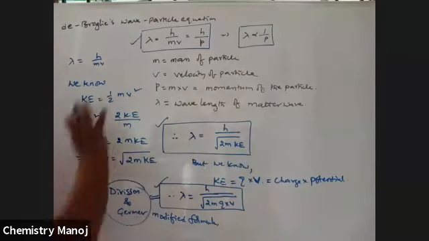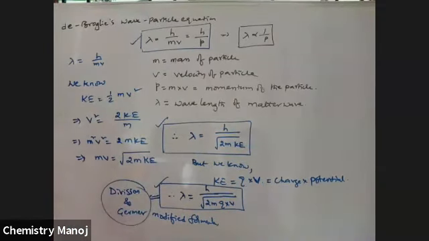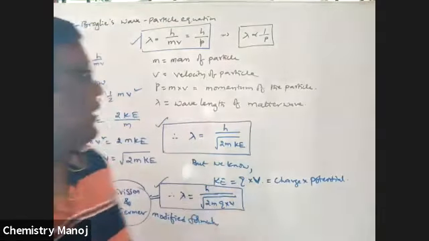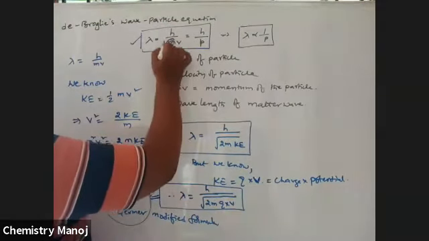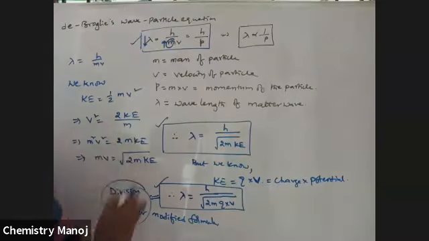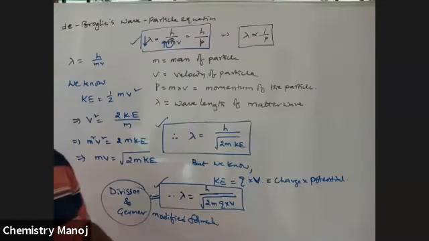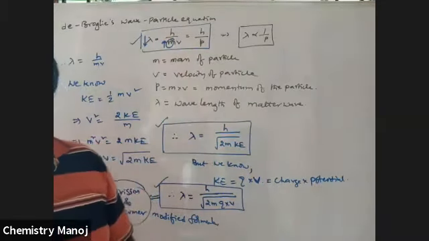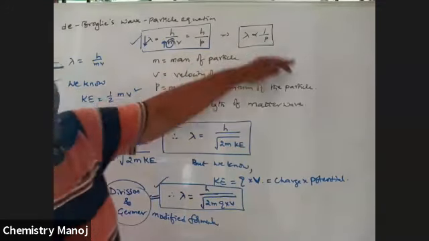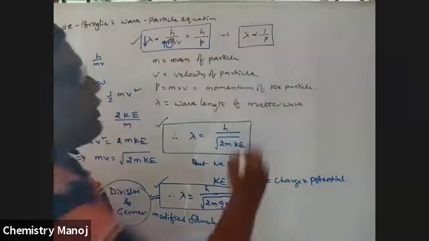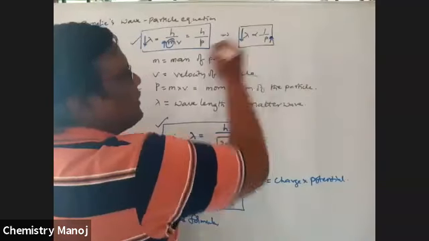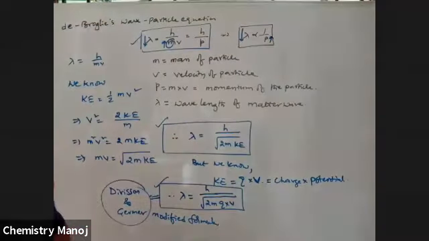These are the de Broglie wave concept based concepts. See here, as mass is more, wavelength is less. Be careful. As the mass of the particle increases, wave properties decrease. As the momentum of the particle increases, wave properties decrease.